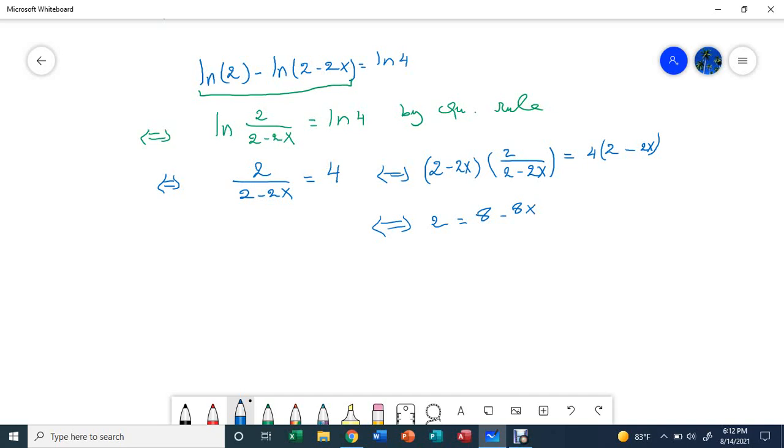Now subtracting 8 from both sides, I get negative 6 on this side and negative 8x on this side. Dividing both sides by negative 8, I get negative 6 over negative 8, so that's positive 6/8 equals x. Dividing by 2, x is 3/4.